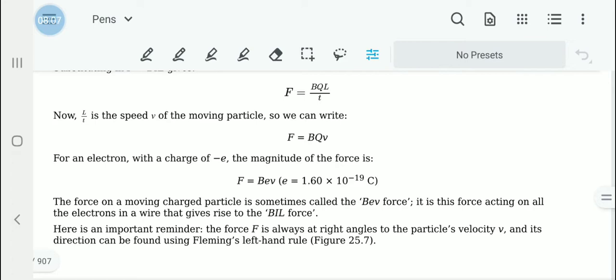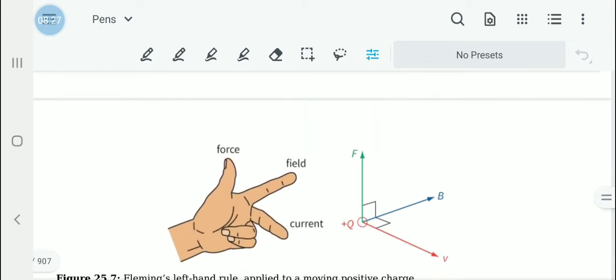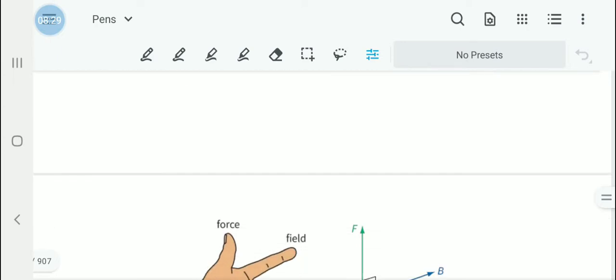Leave a line, put a star, even with a different color, that would be better, and write down: force F is always at right angles to the particle's velocity v, and its direction can be found using Fleming's left-hand rule.